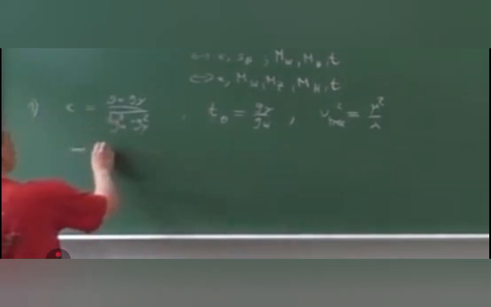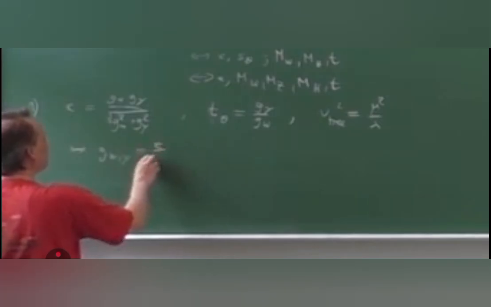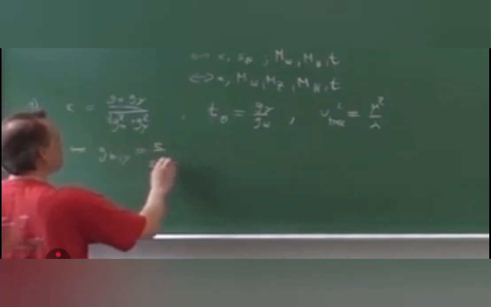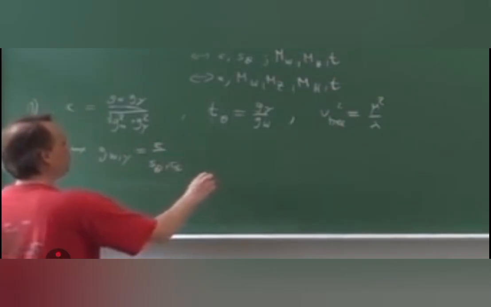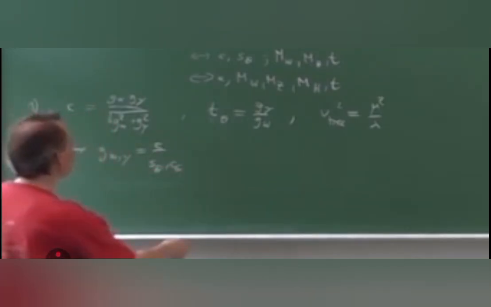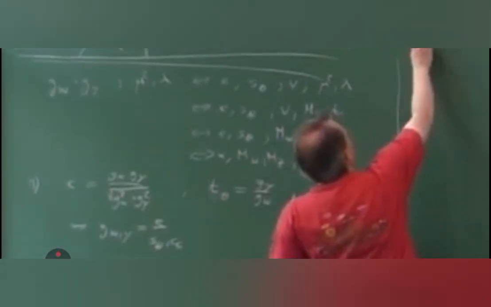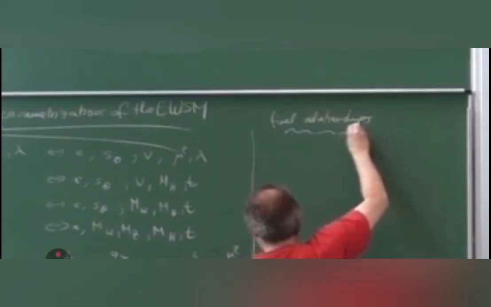So we can invert this to write GW and GY as E divided by either sine theta or cosine theta, and of course we can also invert the other relations in an obvious way. Let me now give you the final relationships. By the way, I forgot the section number. This is section 2.4.